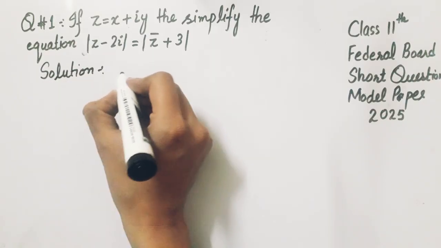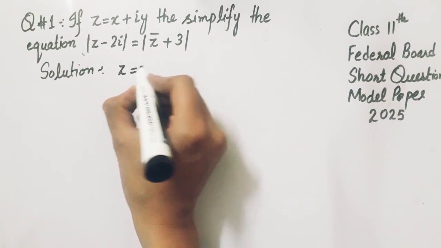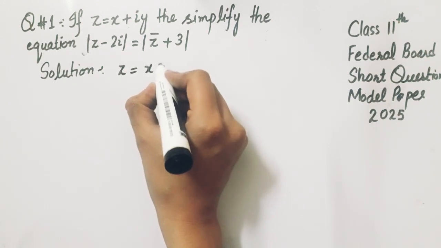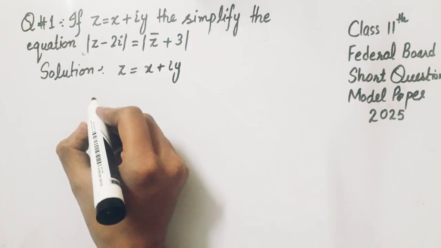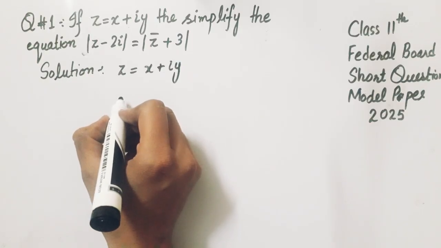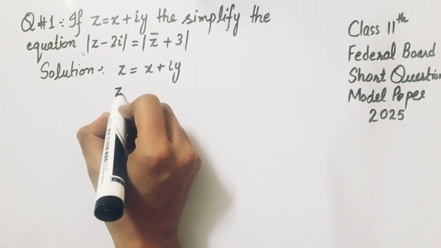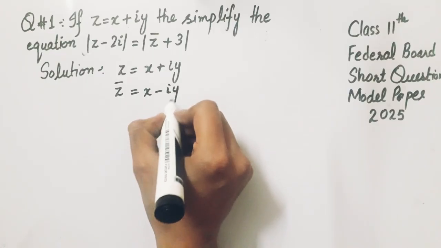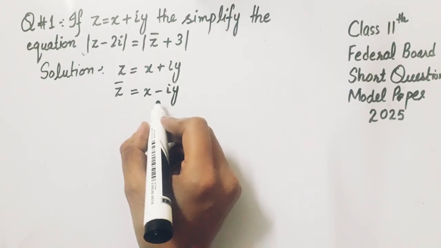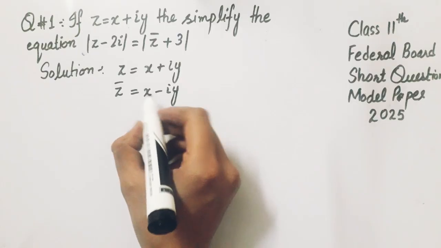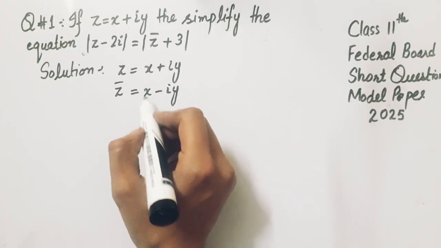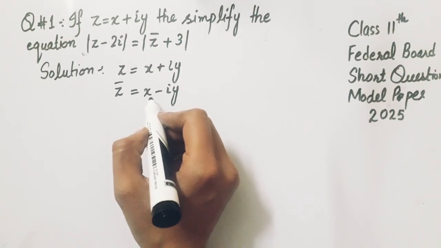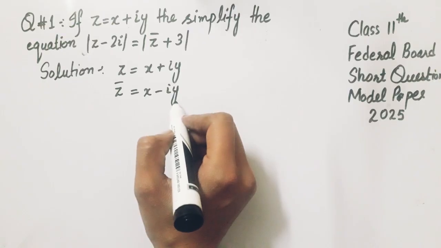the first step is z is equal to x plus iota y and z bar represents the complex conjugate of this, which is equal to x minus iota y. This means that in the conjugate the real part of z is same as x, but the imaginary part has the opposite sign.